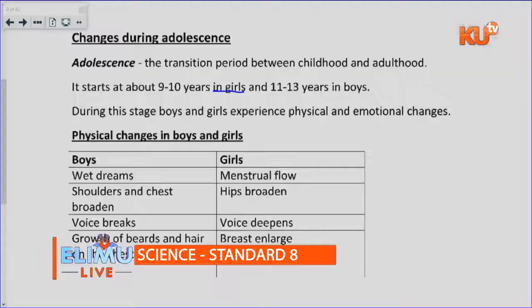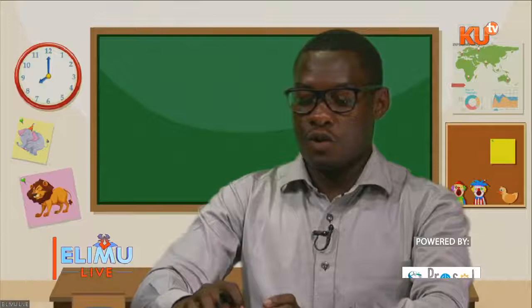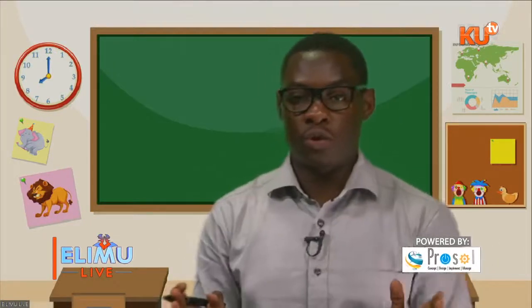So let's look at the physical changes. In boys, we have what we call wet dreams. In girls, we have what we call menstrual flow. So let me explain what wet dreams and menstrual flow are.